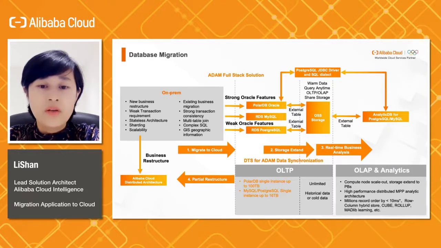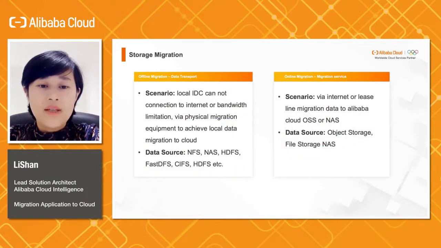If your database uses weak Oracle features, you could migrate to MySQL or PostgreSQL. Some tables can also be stored in OSS. AnalyticDB is able to analyze data on both OSS and the database. For OLTP and OLAP, we provide large-scale storage and high-performance analytics ability.